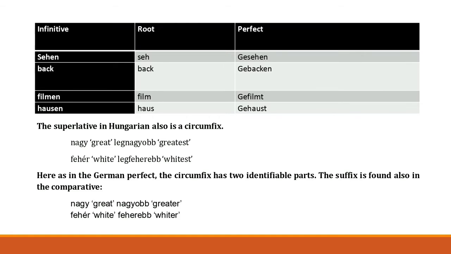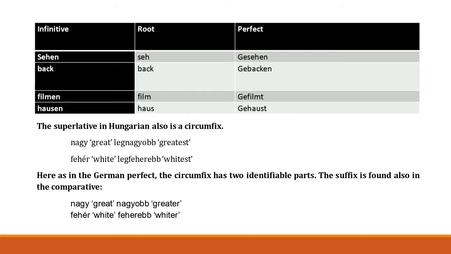In the table we can see sehen is the infinitive, seh is the root, and the perfect is gesehen. Backen is the infinitive and back is the root, and the perfect is gebacken. Filmen, film, gefilmt. Hausen, haus, gehaust.